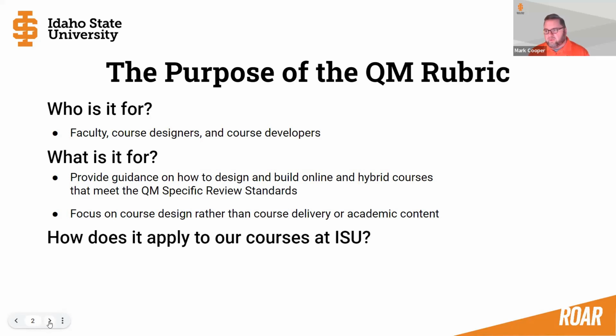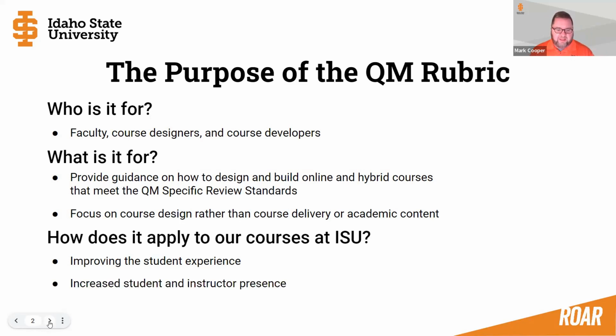How does the QM rubric apply to your courses at ISU? The QM rubric improves the student experience. So when you follow the standards and incorporate some of that thinking into your course, it improves the student experience.